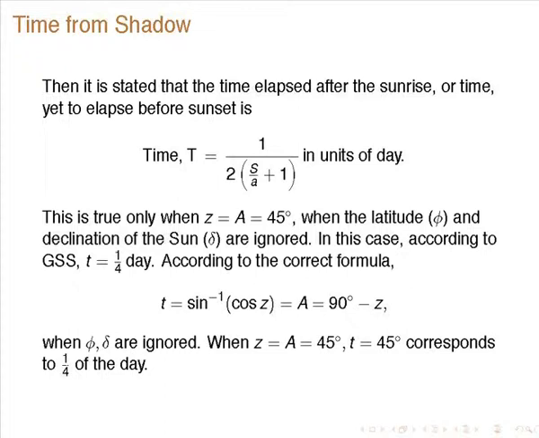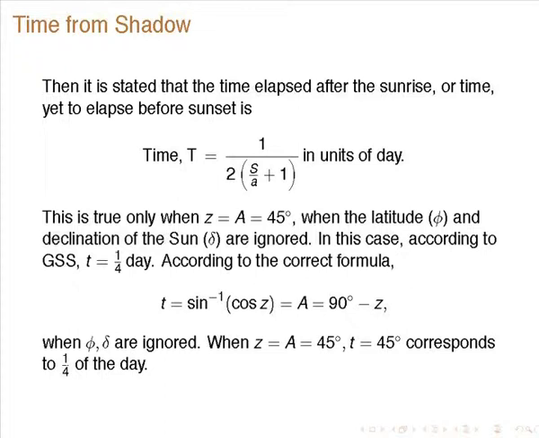And Mahavira says that the time elapsed after sunrise, or time yet to elapse before sunset, time t, is equal to 1 over 2 into S by A plus 1 units of day. He is giving 1 divided by 2 into S by A plus 1. One doesn't know how he got this, but he has stated this result.